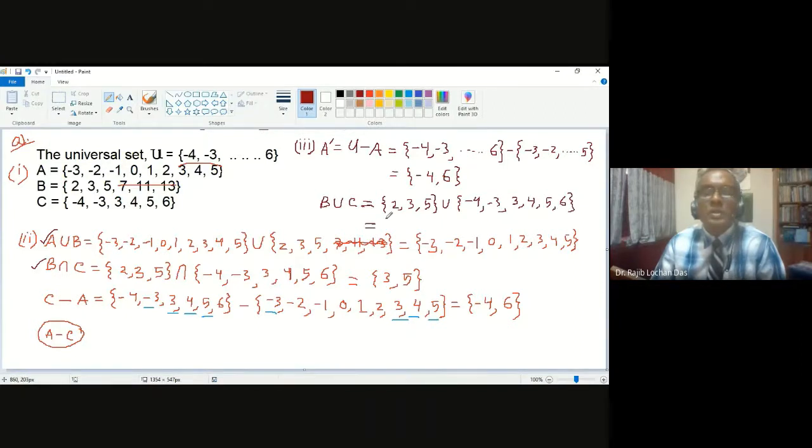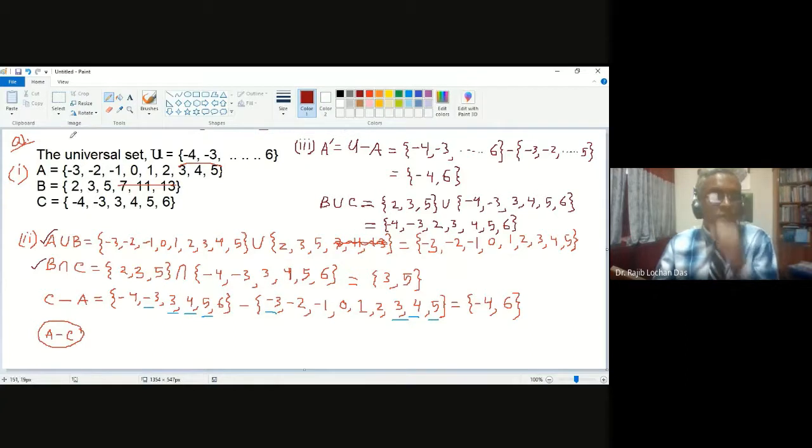Now you write the elements in the union. You combine them together and write the smallest one first: -4, -3, then 2, 3, then 4, 5, then 6. So this will be B union C.